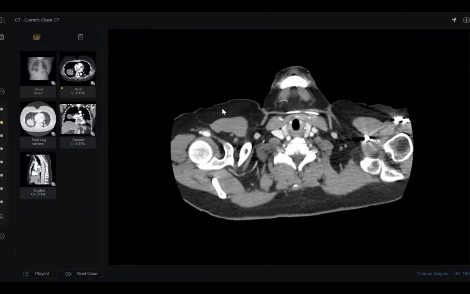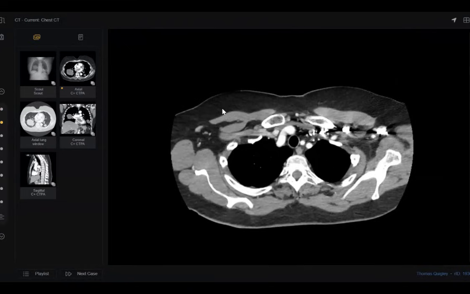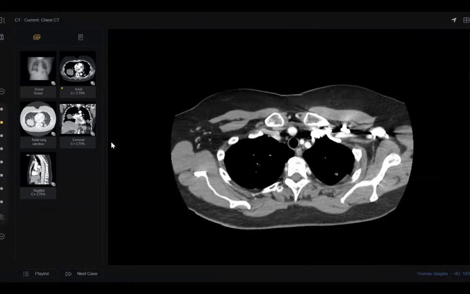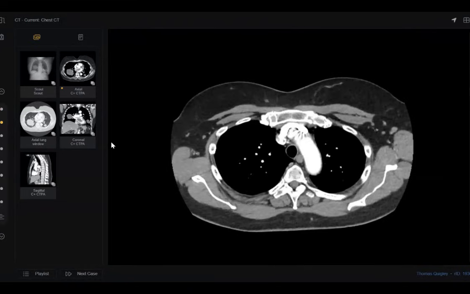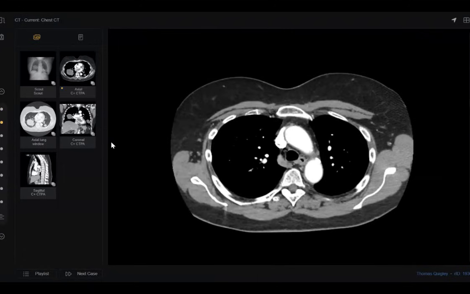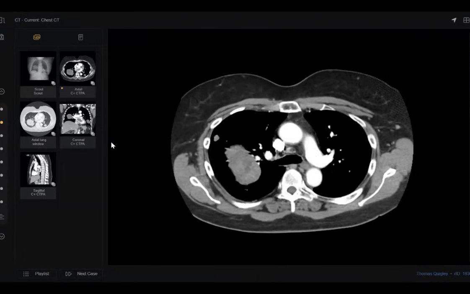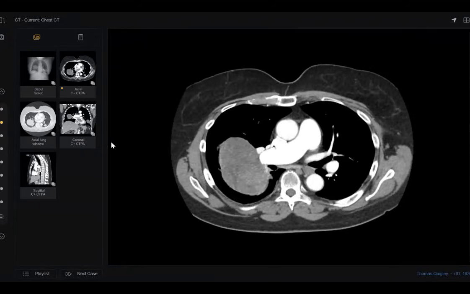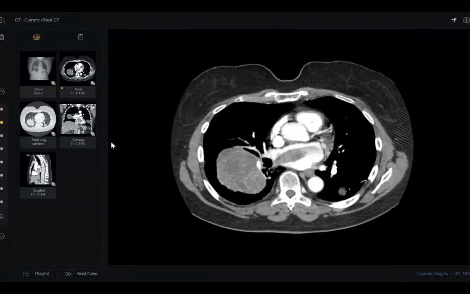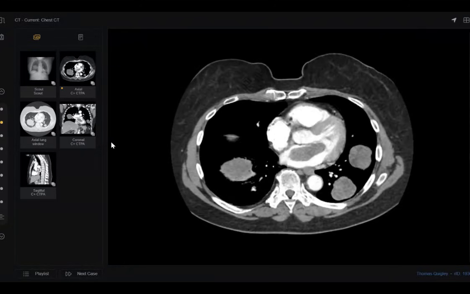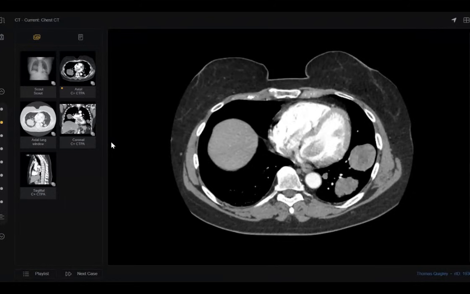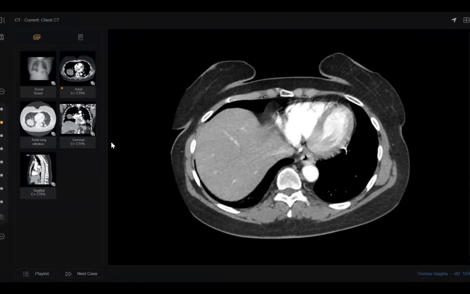I am provided with a CT scan of the chest in the arterial phase. I can appreciate that there are bilateral multiple pulmonary masses.